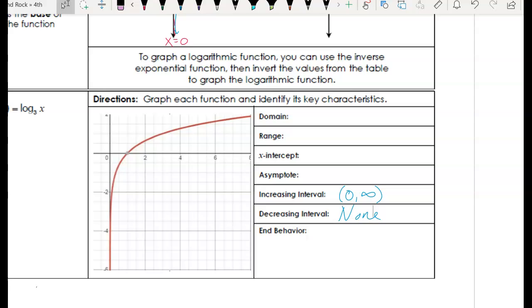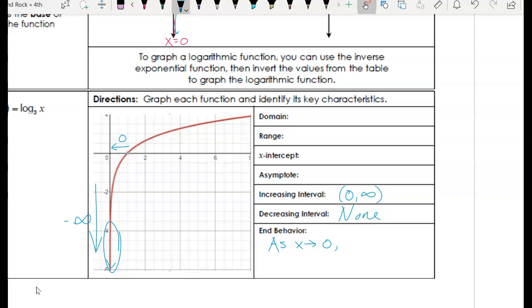Yes. The end behavior, sure. So remember, there's always two ends. Just because I don't go towards negative infinity doesn't mean this doesn't have a left end. Our leftmost end, what x value is it approaching? It's approaching 0. So I say, as x approaches 0, what does our y value approach?